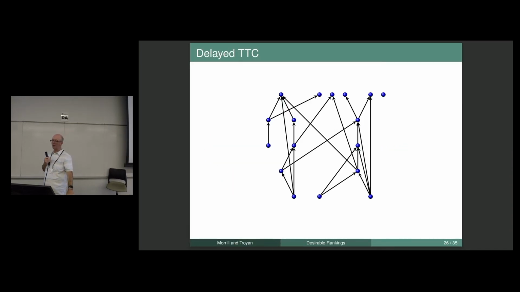This is, I think, easiest to see graphically. Each node here represents a top trading cycle in the normal process. So we identify the top trading cycles, we remove them, and repeat. But I'm imposing a condition: you've got the cycles of students, and I'm going to have an arrow from one cycle to another if anybody in that cycle desires any of the schools in the cycle that we've removed. I'm condensing a lot of information here. But the maximum IP set is just the set of nodes here that are not being pointed at.